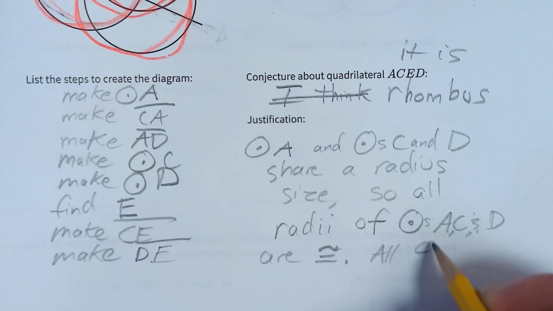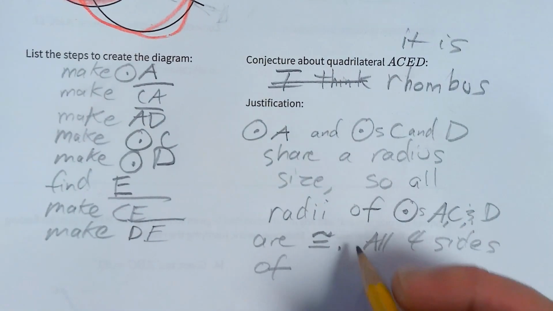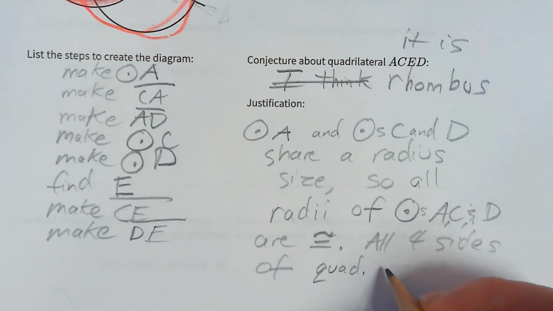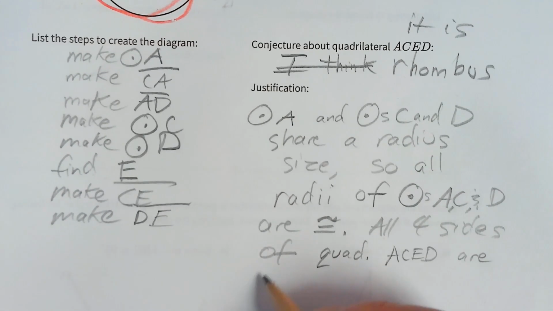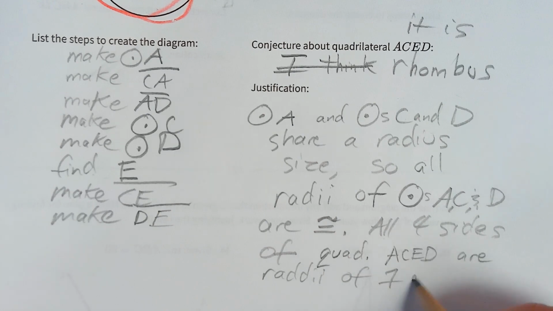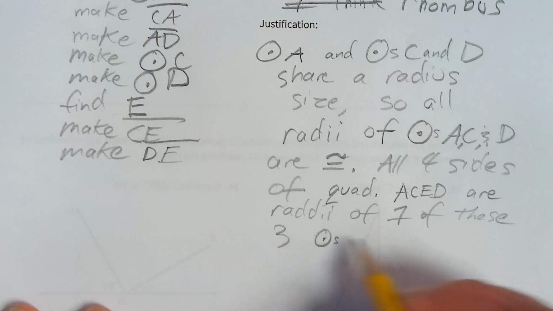All 4 sides of quadrilateral ACED are radii of one of these 3 circles.